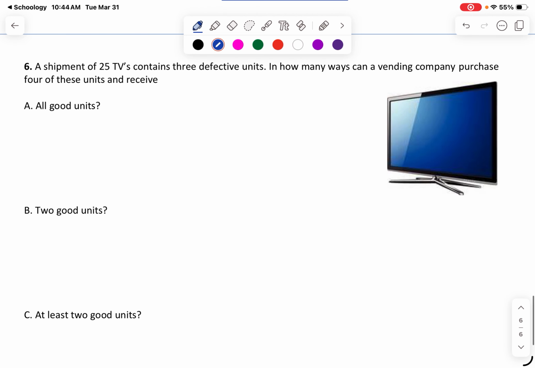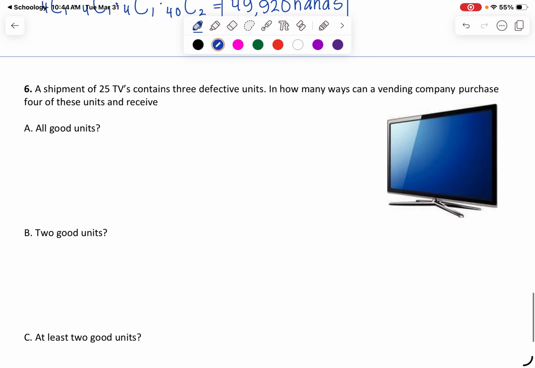All right, now let's move away from cards and talk about TVs. It says a shipment of 25 TVs contains 3 defective TVs. So let's think about this. There's 22 good TVs and 3 bad TVs. I'm writing that down so I don't forget, because the 3 is typed in words, not like the number 3, and I tend to move past that.